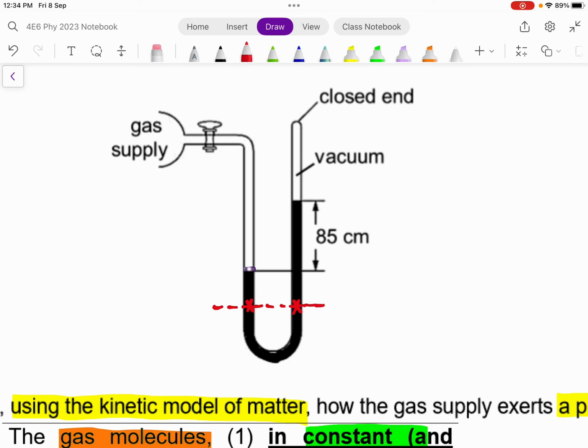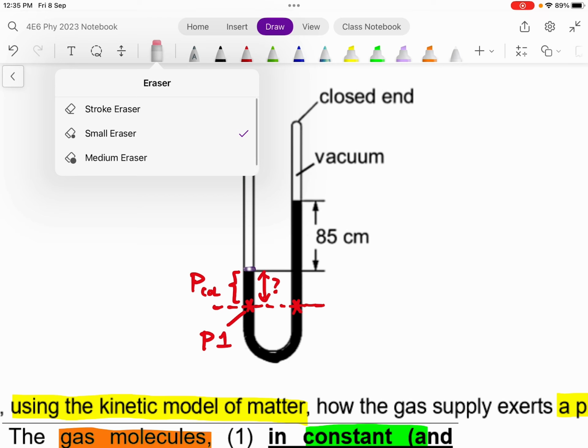If I choose this, I want to find out the pressure at this point, P1. Well, the pressure at this point will consist of pressure from this column plus the pressure coming from your gas supply. I would have to deal with this column, which I don't know how deep it is. So if I choose this level, it will create more inconvenience.